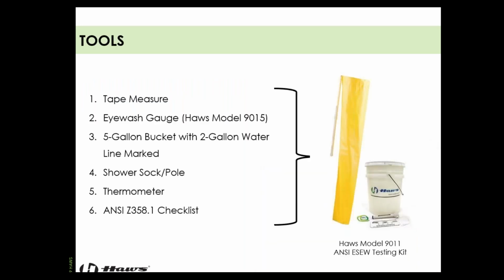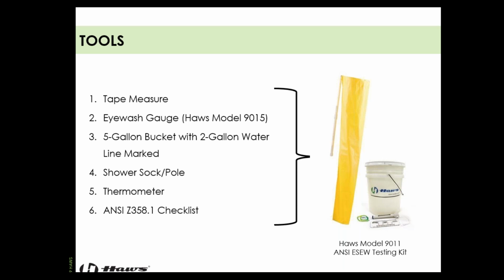Everybody loves a freebie. So tools, some of the things you are going to need are, number one, a tape measure; an eyewash gauge, which is directly taken from the ANSI standard. They gave us how to design it and what its function was, and we created our own model 9015, like most manufacturers. It's just a little plastic gauge.